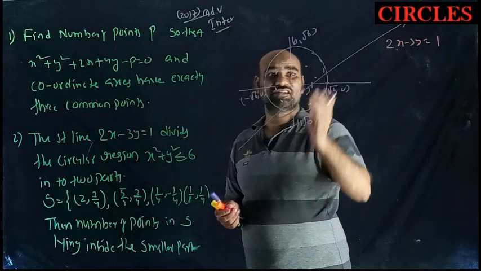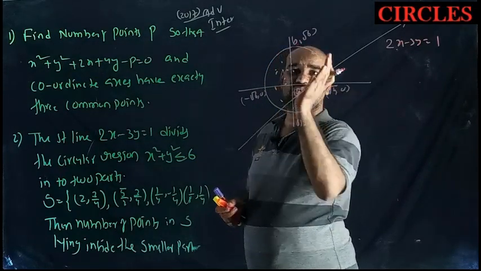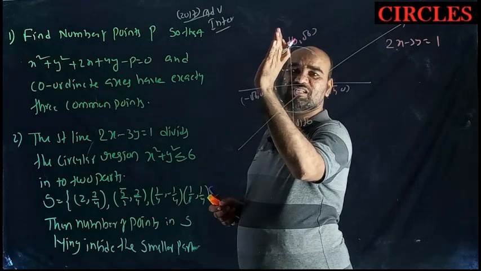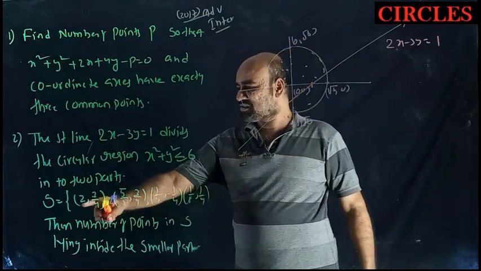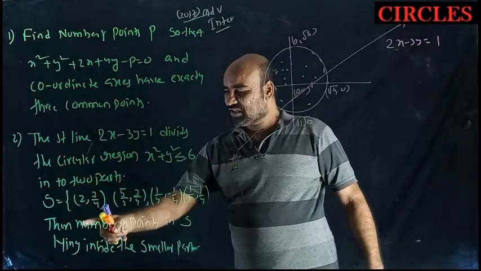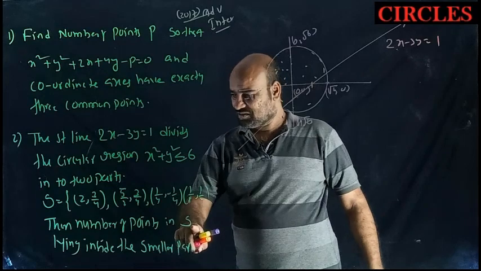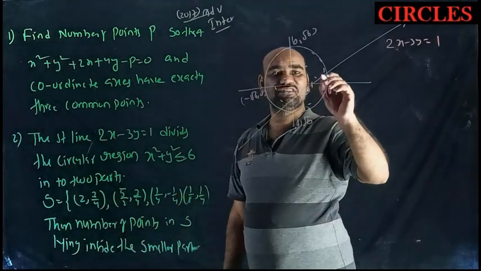What happened? This line divides the total circular region into two pieces. One of them I can call the major segment, another is the minor segment. The question is about the two parts. S equals some points that are given. The number of points in S lying inside the smaller region. So this is the smaller region.